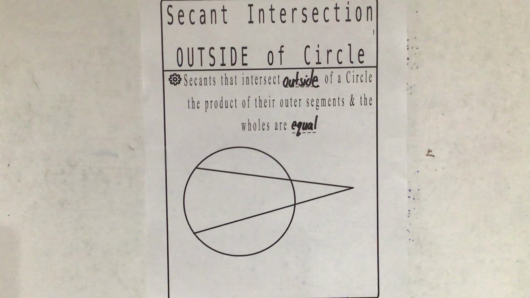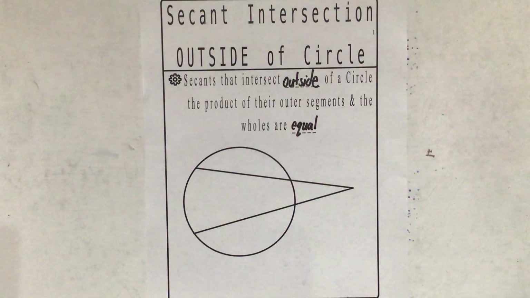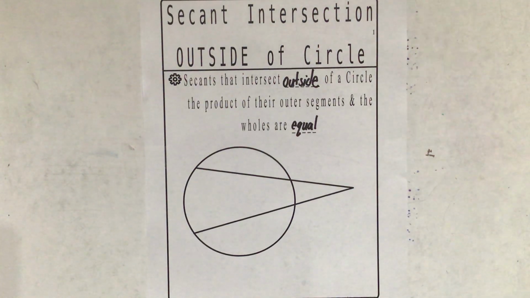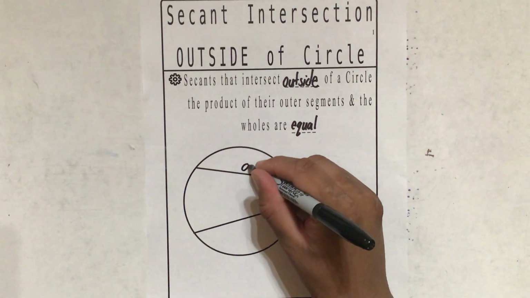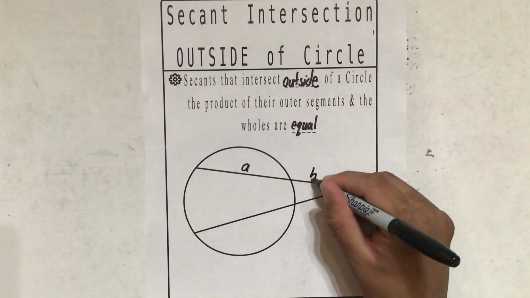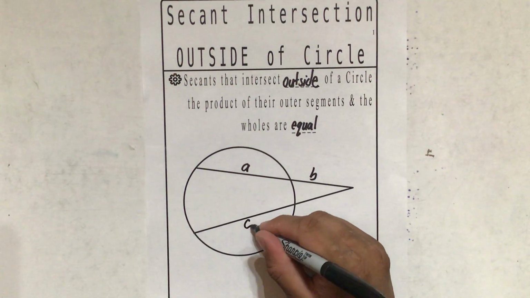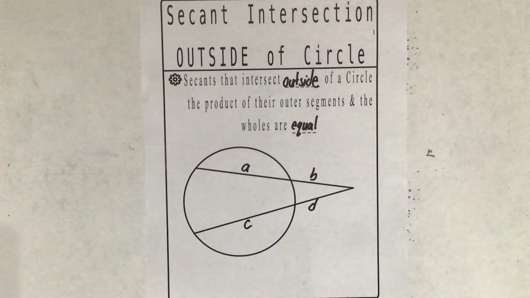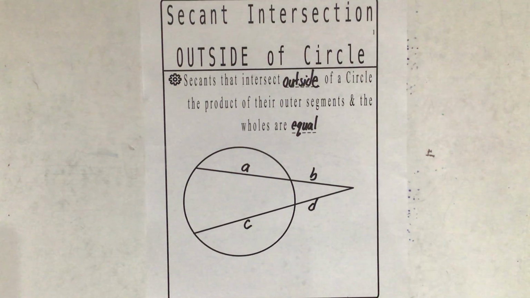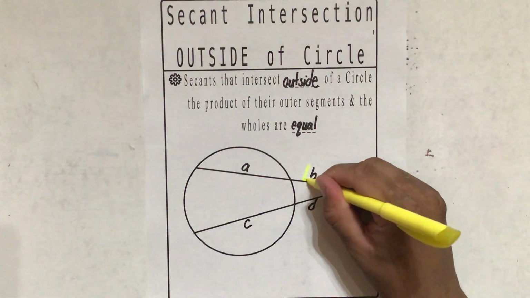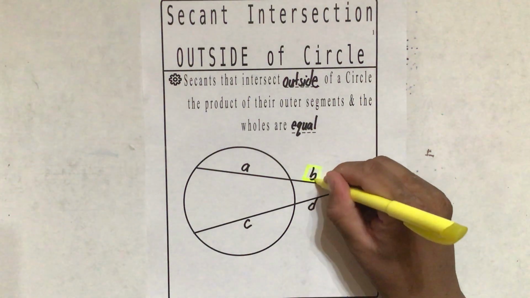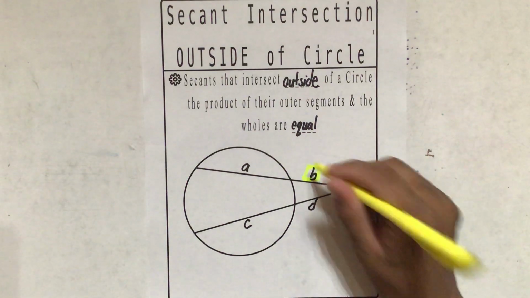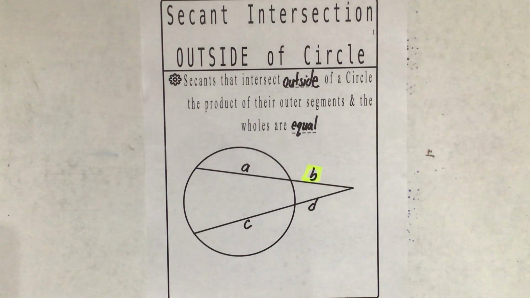So again here, let's say we have A and B, and then we have C, and we have D. Now, the things that we have to look at first is the outside. So the outside here is B on this one, right? Well, what's the whole thing?